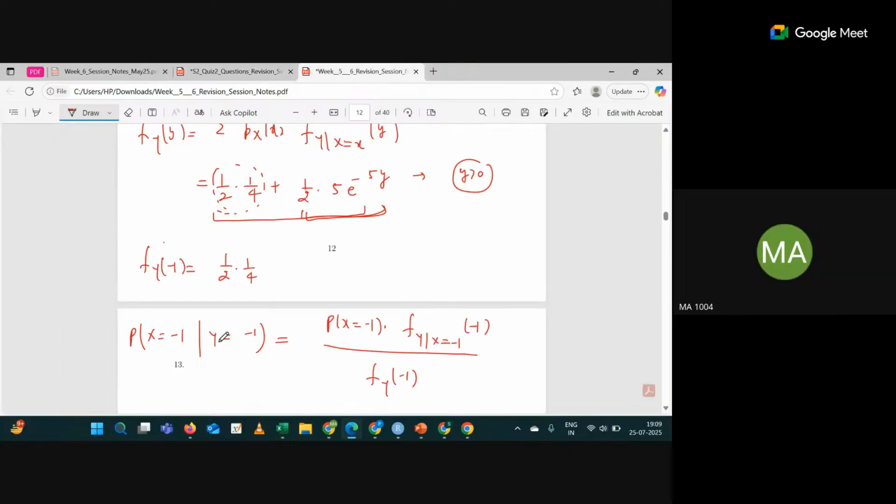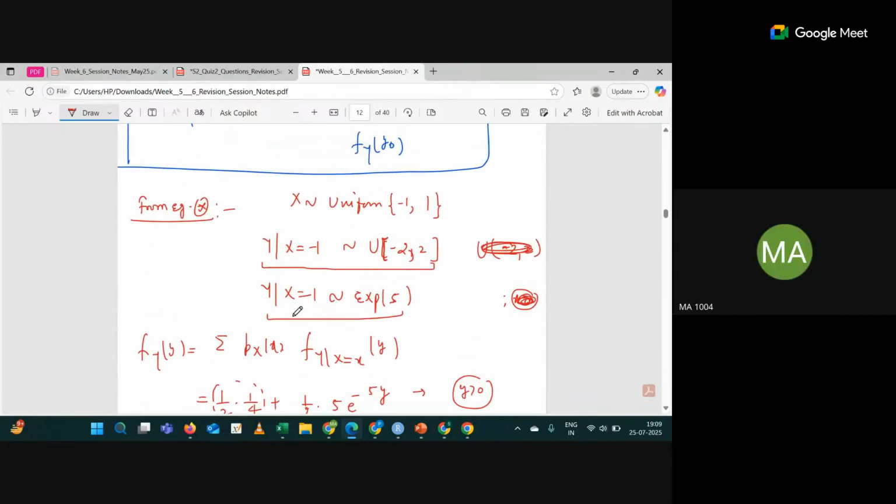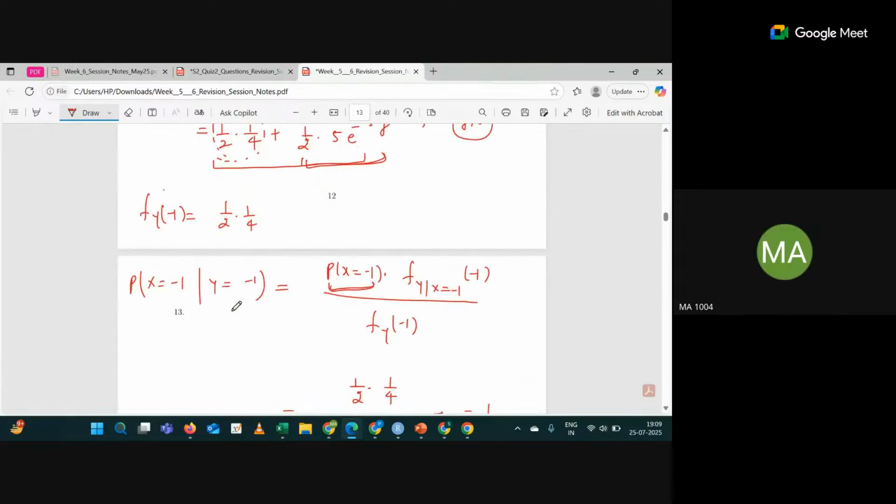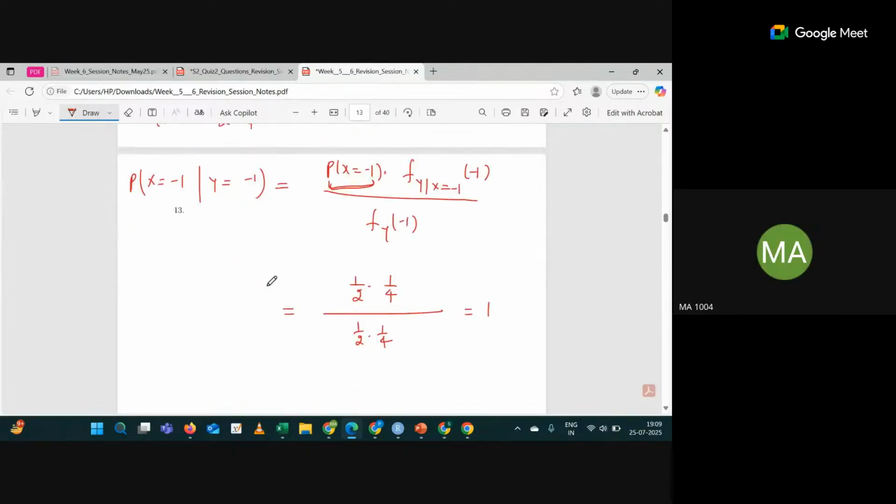If x is 1 and y is -1, this will be the probability of x equal to 1, which is again half, and the density of y given x equal to 1 at y equal to -1. But if you are taking y as -1, then it is going to be 0, because in that case it's not defined.